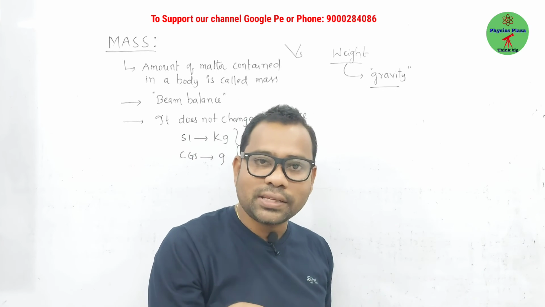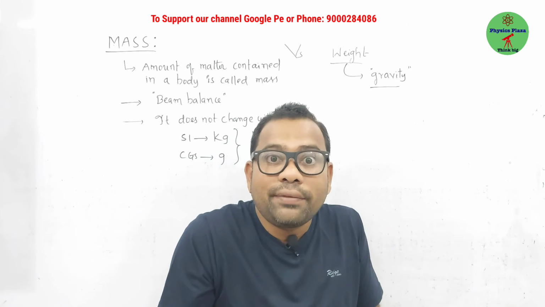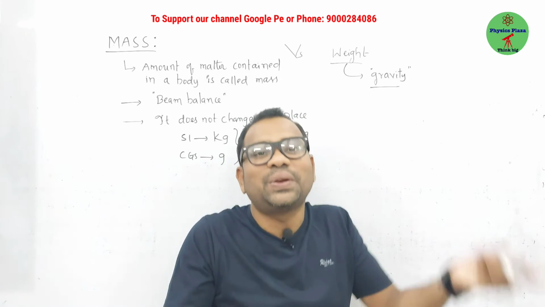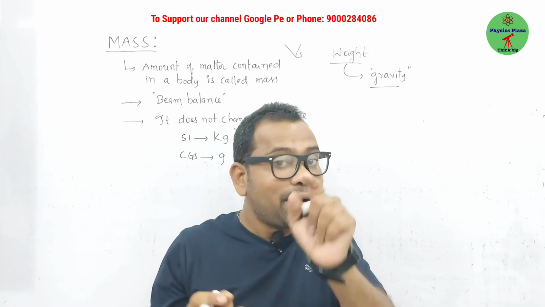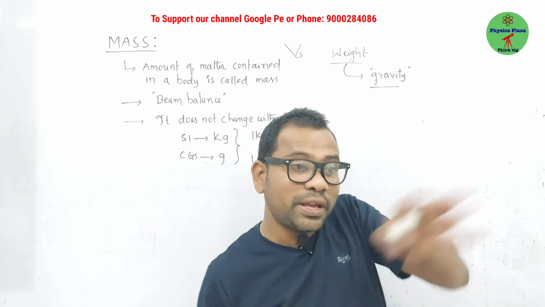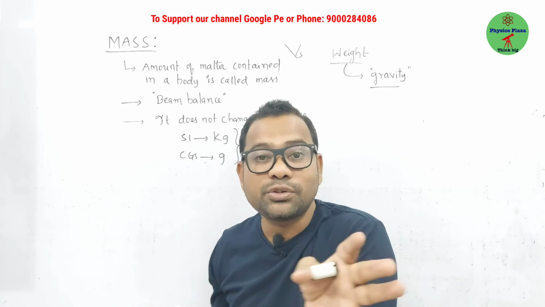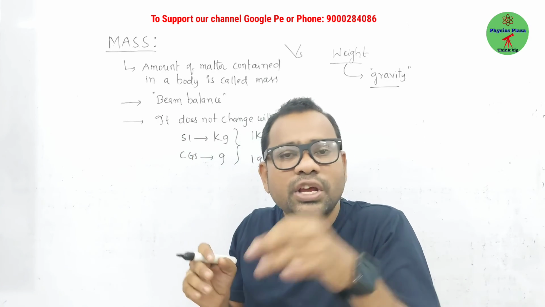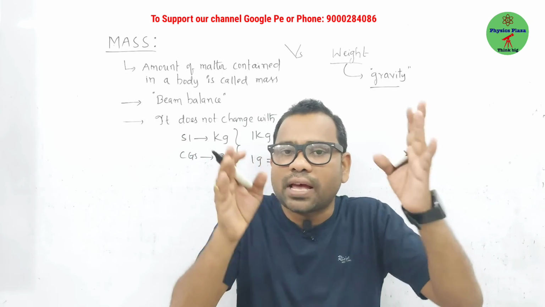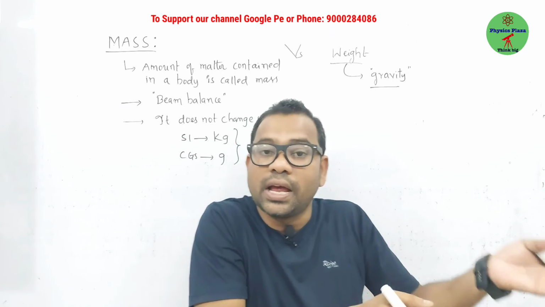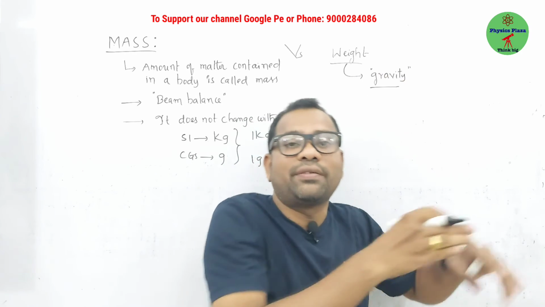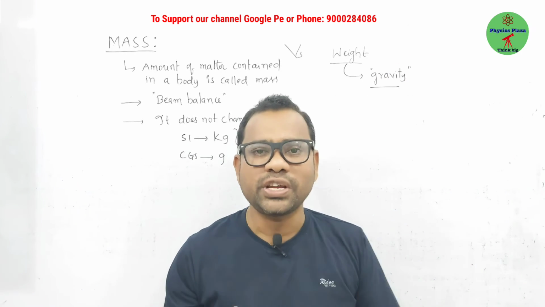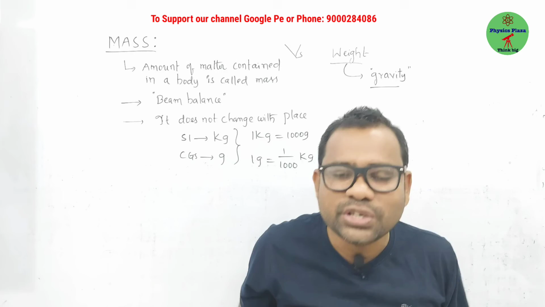If gravity is less, weight will be less. If gravity is 0, weight is also 0. Acceleration due to gravity, which you will be learning in higher classes, changes from place to place, and weight depends on acceleration due to gravity. Obviously, weight also changes.